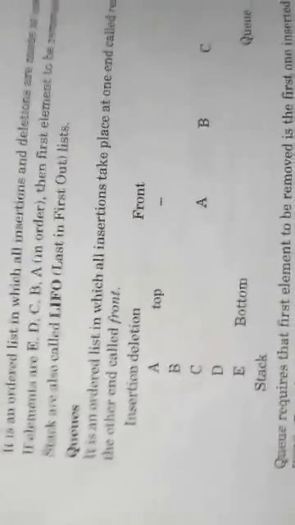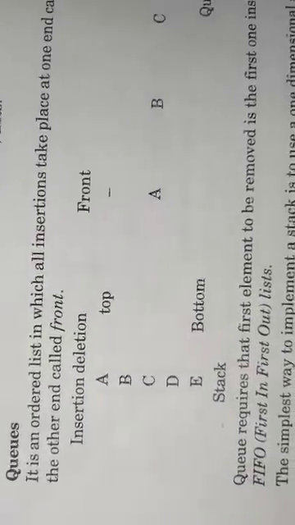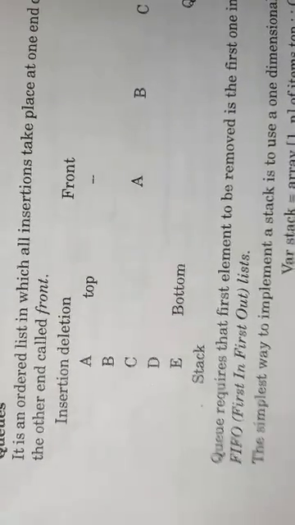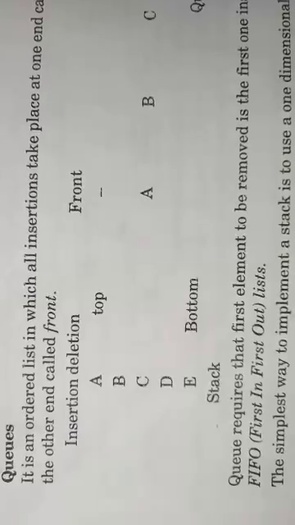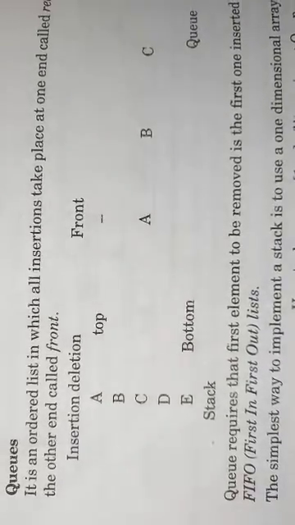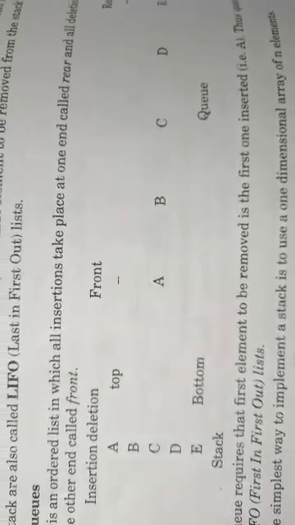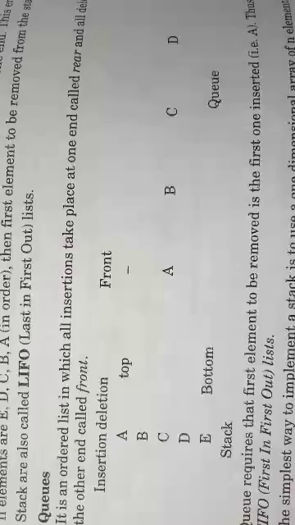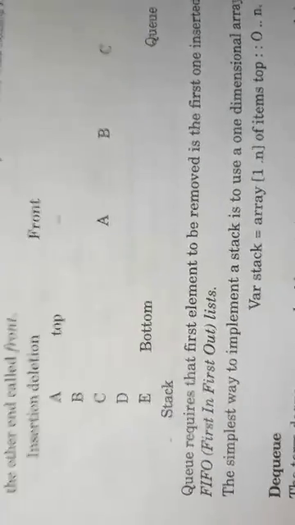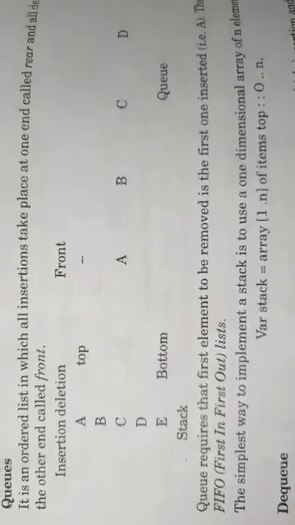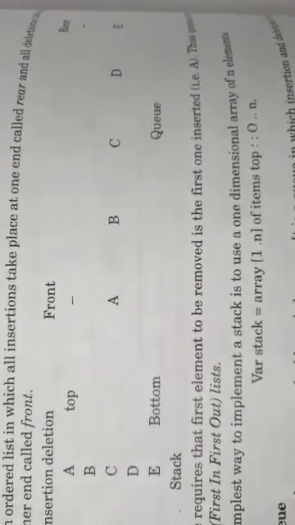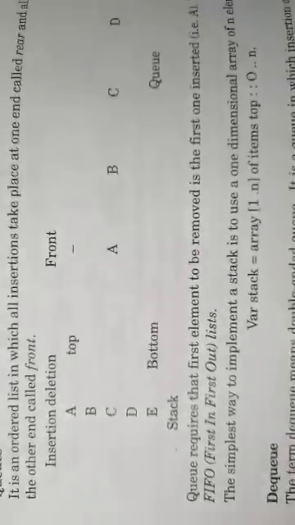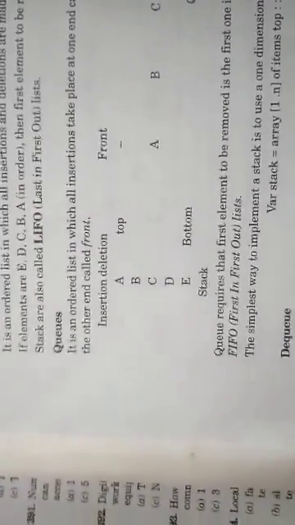Stack has a top and bottom, with A at the top and E at the bottom; queue has front and rear with A B C D E. This is the queue. Queue requires that the first element to be removed is the first one inserted, thus queue is FIFO, first in first out.